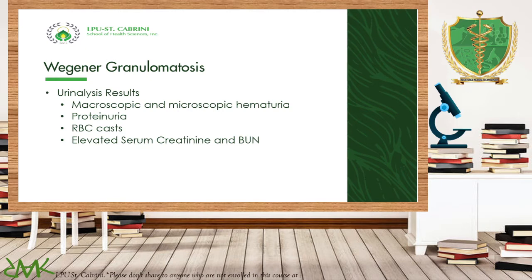For Wegener's granulomatosis, urinalysis results include microscopic and macroscopic hematuria, proteinuria, RBC casts, and of course elevated serum creatinine as well as BUN. Remember guys that creatinine and BUN are good parameters to assess our kidney function.